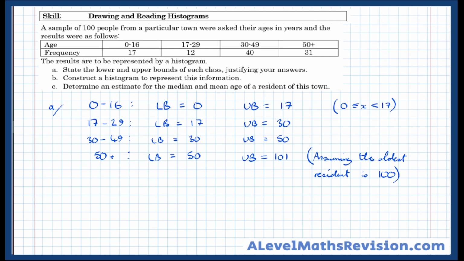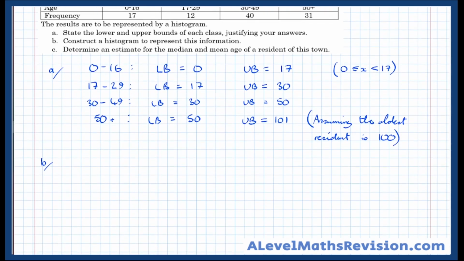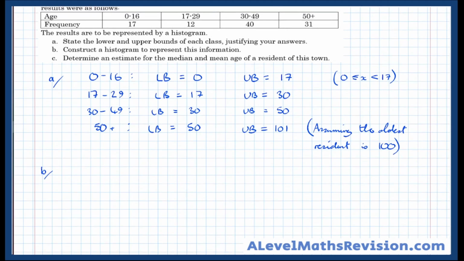So the next part, part B, actually asks us to construct a histogram now. So in order to do that, what I'm first going to do is change the way that this data is presented. We've got ages and we've got frequencies, but I'm going to change the table now. So my x value, I'm going to make 0 ≤ x < 17 the first class.